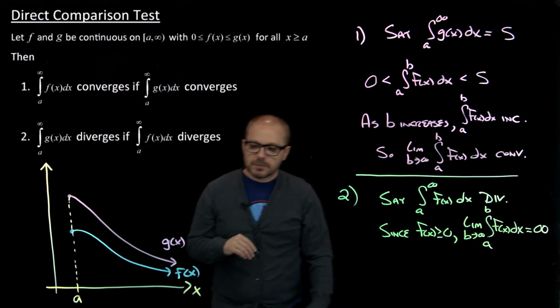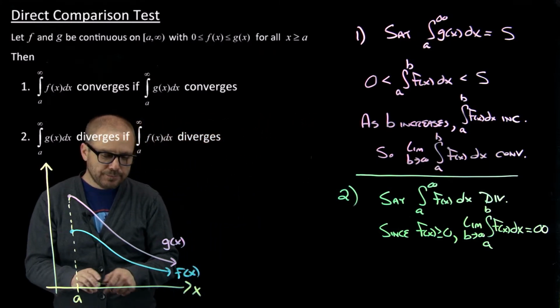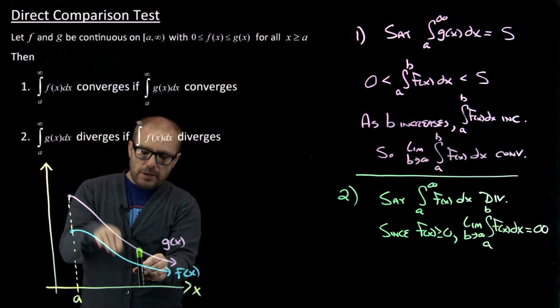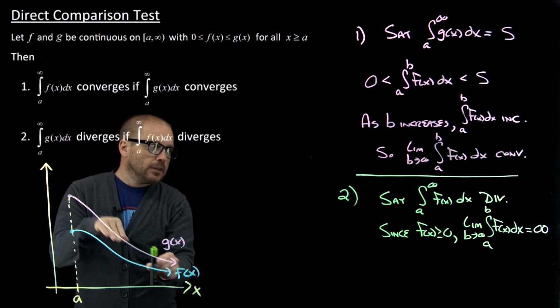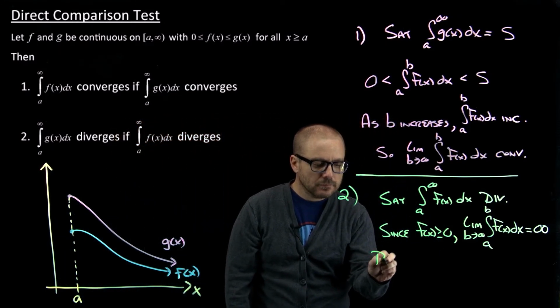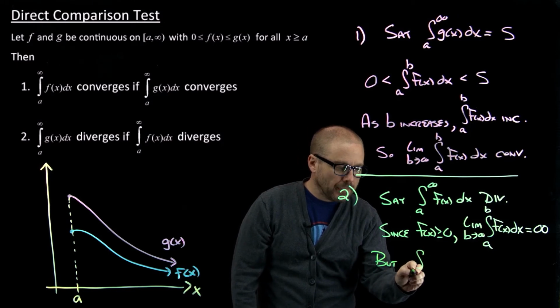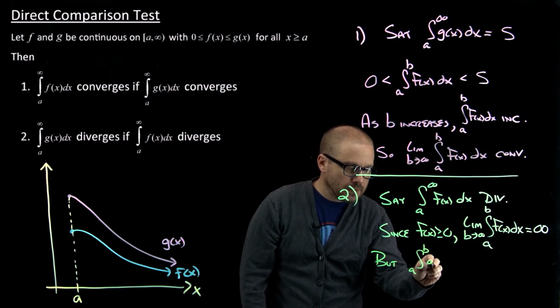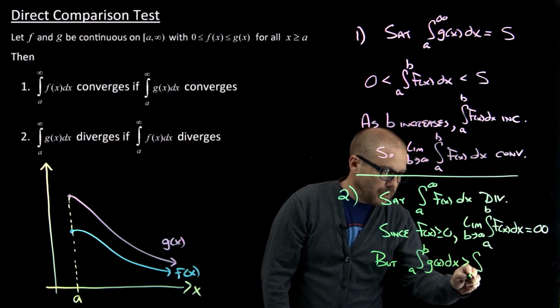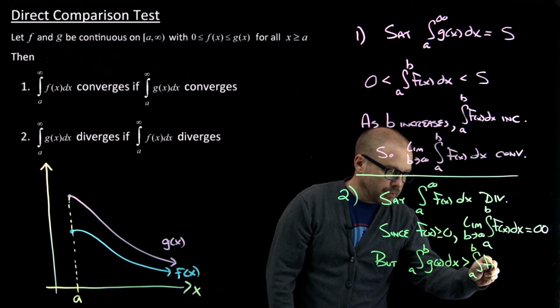But at any step along the way, stopping here at b, the integral from a to b of g of x is bigger than the integral from a to b of f of x.